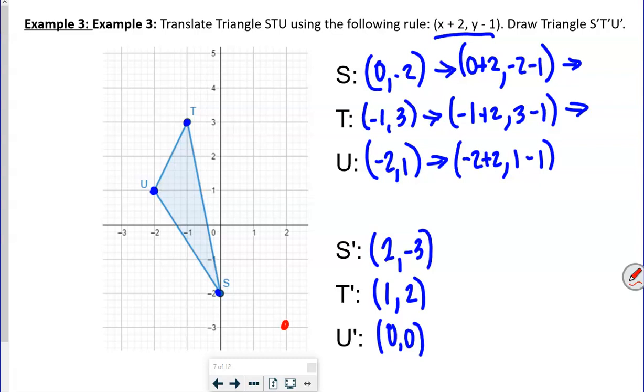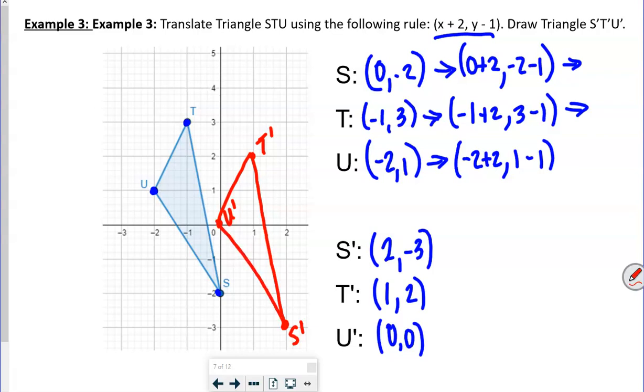Okay, so that's our new S prime. Then we've got T prime, which is 1, 2, up here. And then we've got U prime, which is 0, 0. That's at the vertex now, isn't it? U prime. Okay, so now we're going to draw this thing.